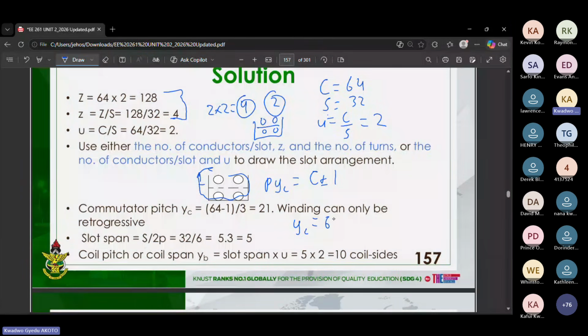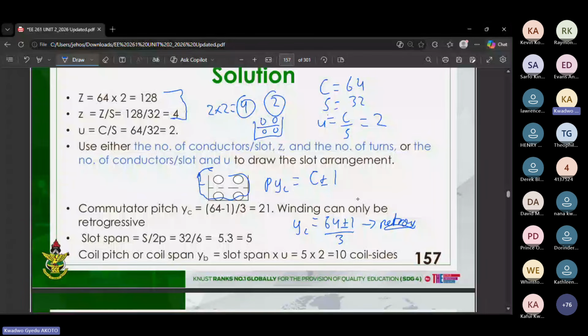So 64 plus 1 is going to be 65, and 65 is not divisible by 3, right? So 64 minus 1, 63, is divisible by 3. So we know that for this relation to be true, YC must be equal to 64 minus 1 divided by P. And if it's minus, then it must be retrogressive, right?